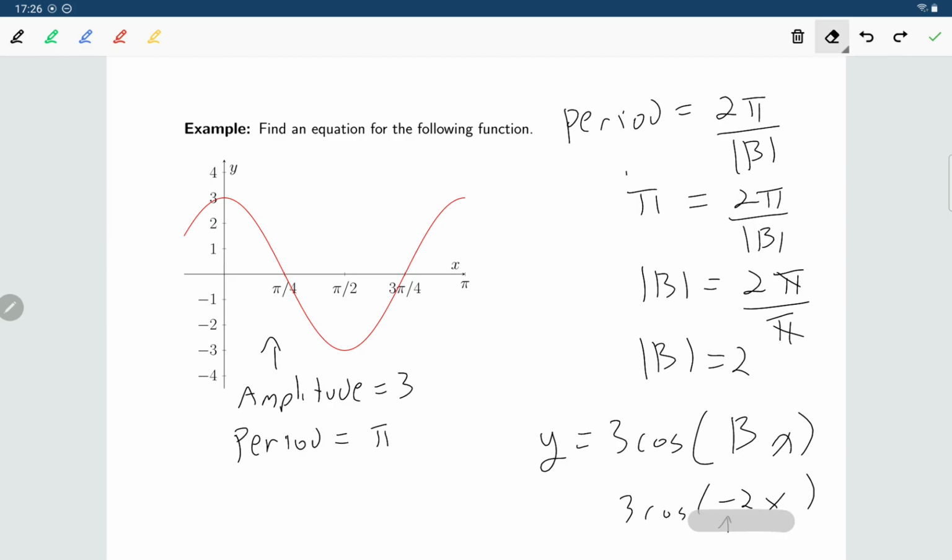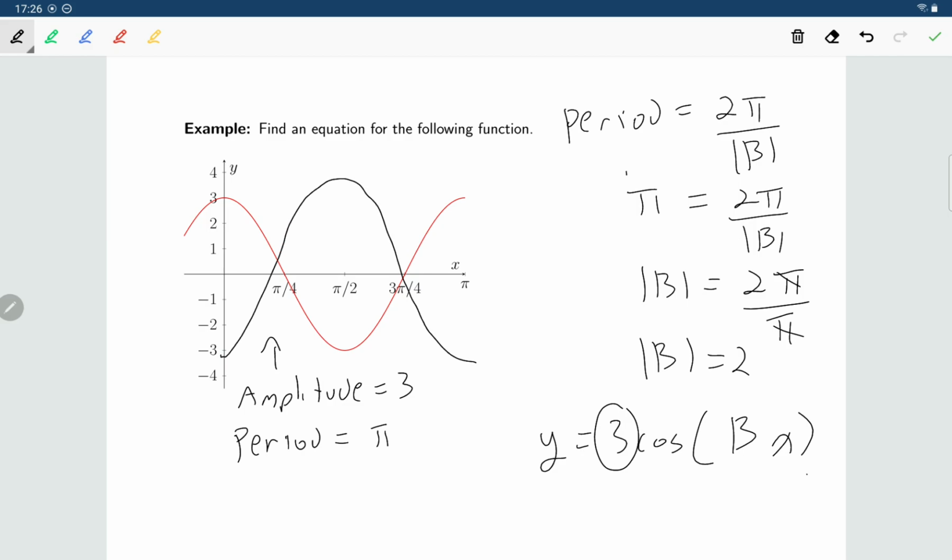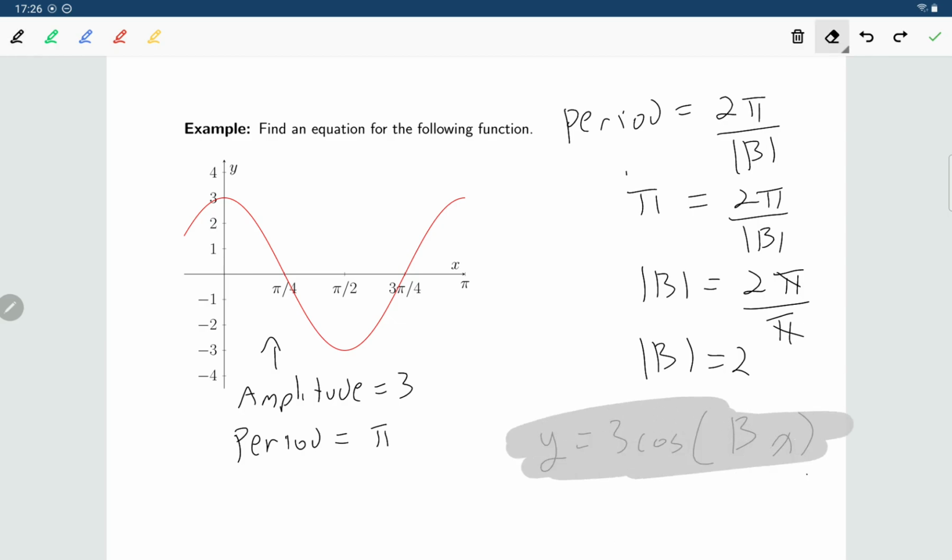So we could take +2 or -2. For the value of a, I have to take +3 rather than -3. -3 would have not just stretched things, but would have also reflected things. This would be a graph where we have a -3 times cosine of 2x. So for my function here, the one that has the correct amplitude and correct period, I'll say that it is 3 cosine of 2x, or you could say 3 cosine of -2x.